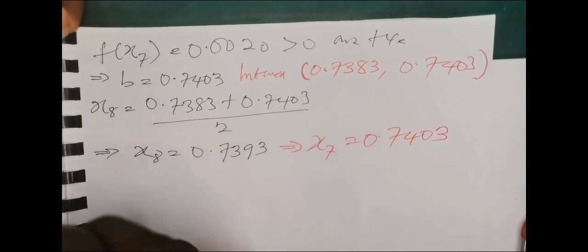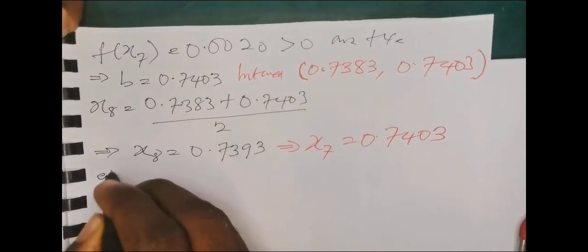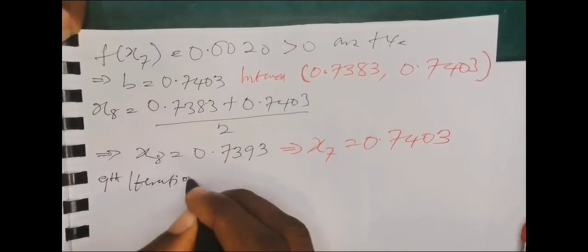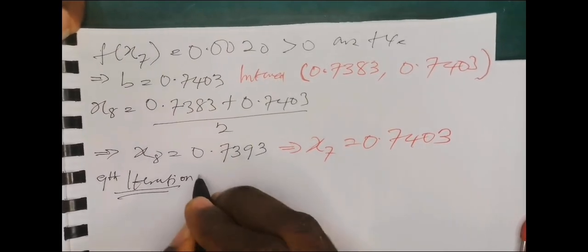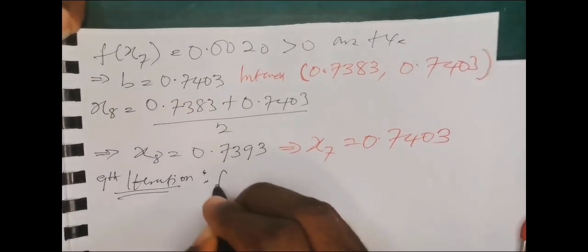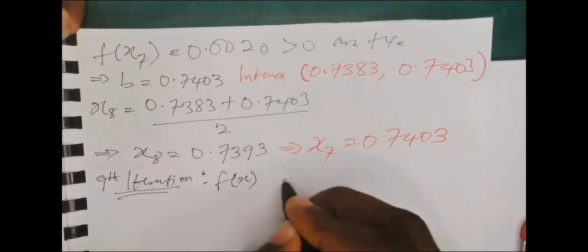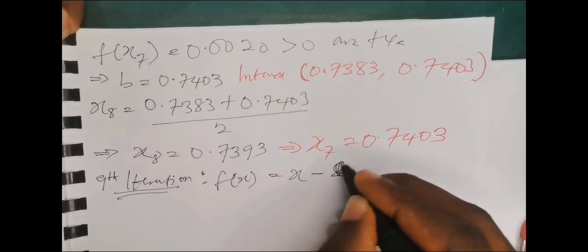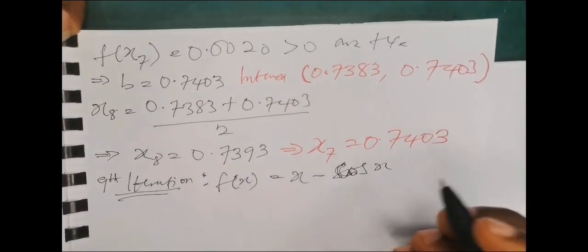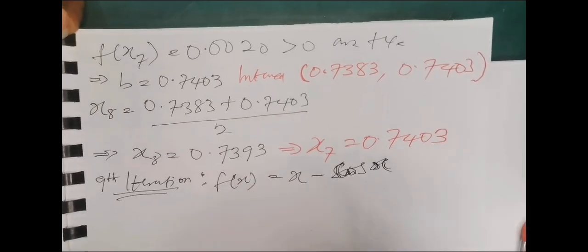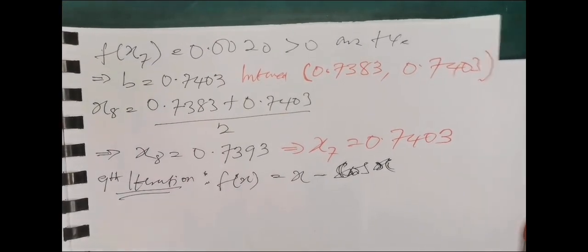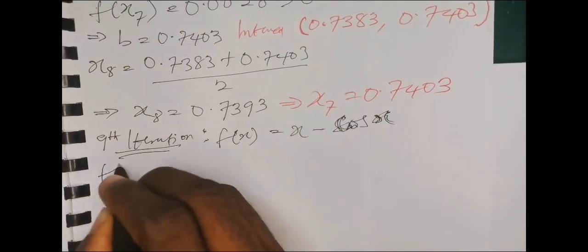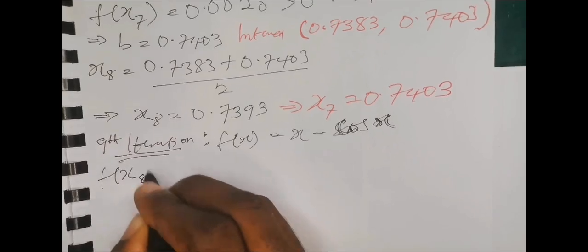So we'll carry on with the ninth iteration. Again, like I said, it takes patience and accuracy, and you're going to be fine. Not forgetting f of x is s minus cos s, please. Okay, so now we find f of s8.